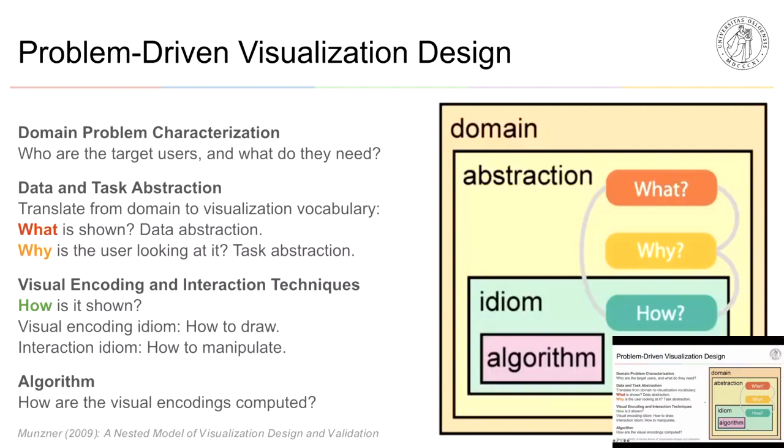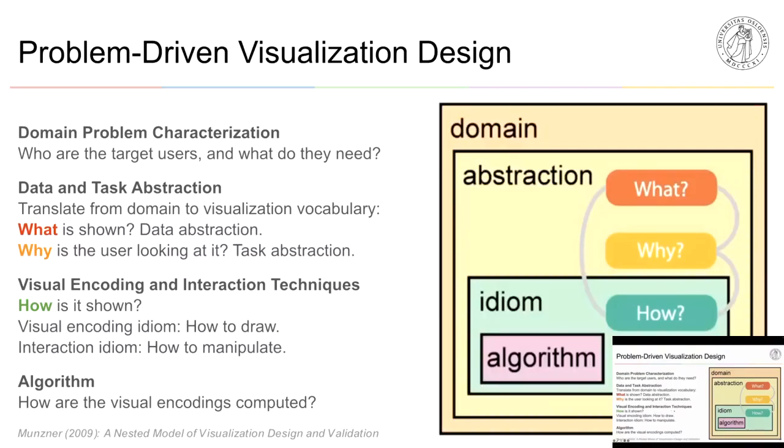Once you have done this data and task abstraction, it will be much easier for you to find the encoding and interaction techniques that fit your data and task abstraction. So this is concerned with how to show the data, right?